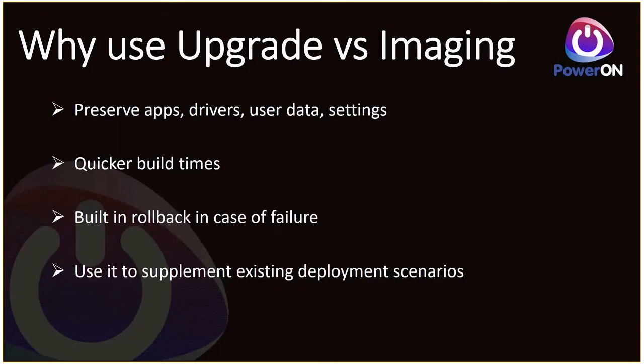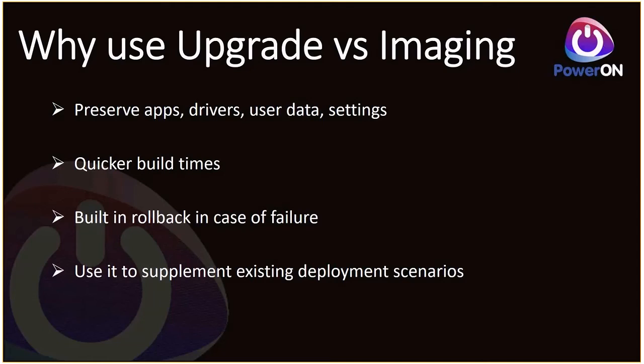So why would you use in-place upgrade as opposed to imaging? The great thing about upgrading is that it preserves the user data, the applications and the settings. The in-place upgrade just swaps out the OS from underneath that, right?